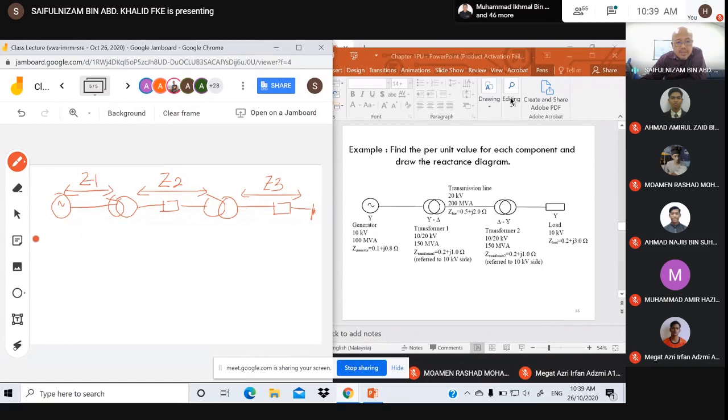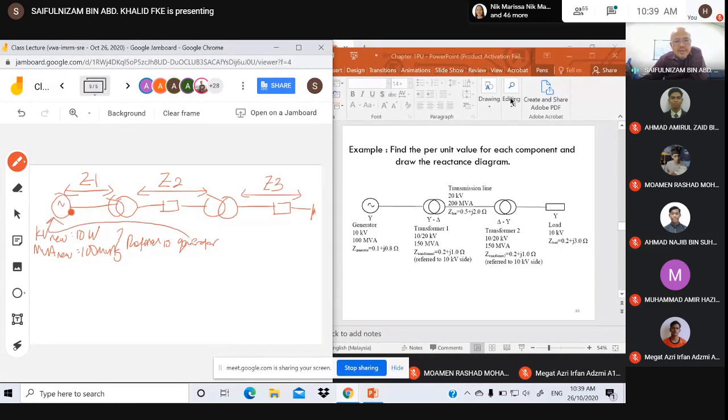So you are given the new base: kV new is 10 kV, MVA new is 100, right? It's referred to the generator, from the question. So this is our reference generator.